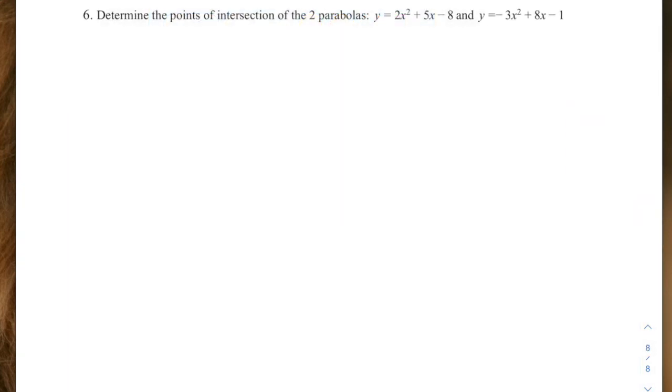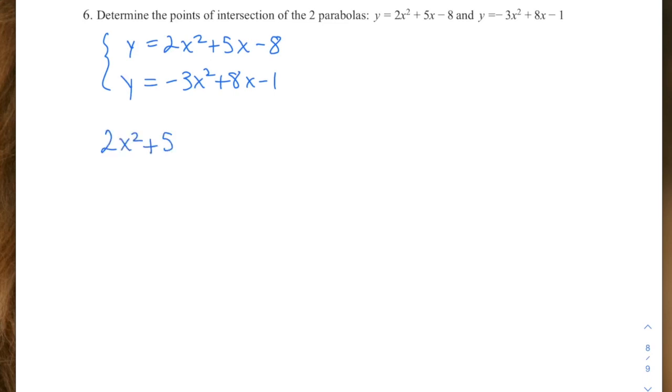If I want to figure out the points of intersection of these two parabolas, I can think of them as a system. In order to solve for the points where they intersect, I can just set y equal to y.